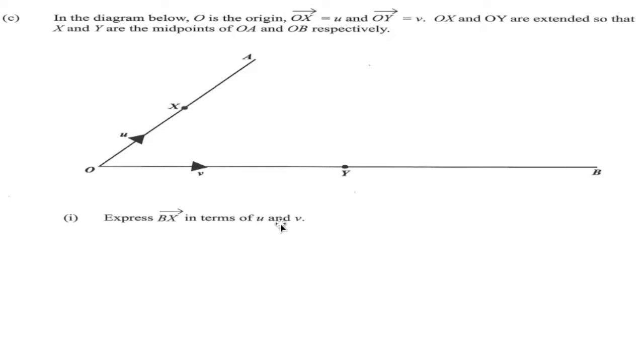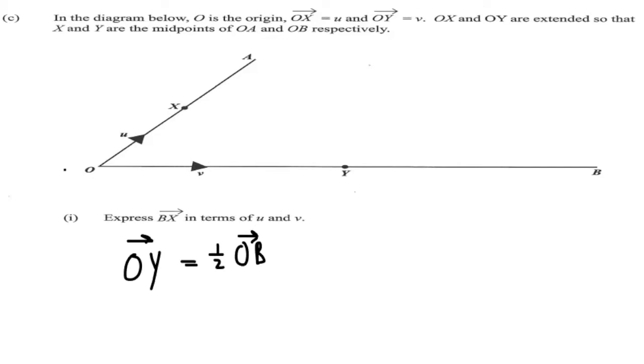So it states express BX in terms of U and V. So it says Y is the midpoint of OB. So what that means is that OY is a half of OB. That's what it means. Because it's the midpoint, that means it's a half of this line.